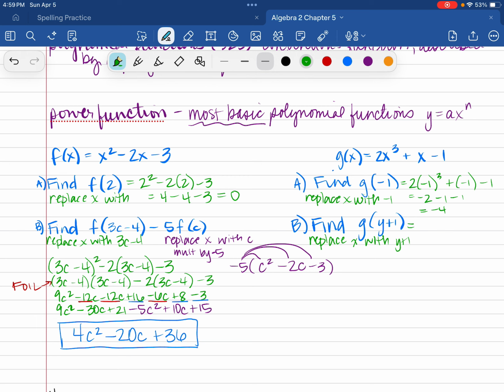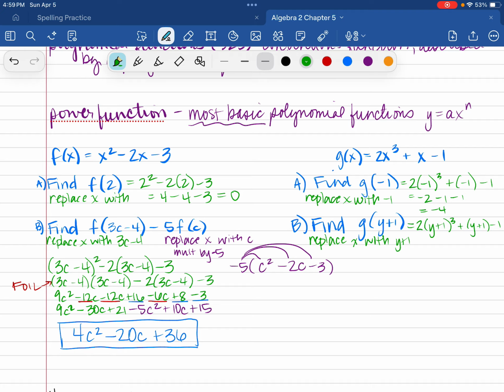So up here, instead of x cubed, we're going to have y plus 1 cubed. Make sure you're putting that in parentheses, plus y plus 1 minus 1. In that one, the y plus 1 doesn't necessarily have to be in parentheses. I just think it helps identify that you've plugged everything into the appropriate spots, and it keeps it in the same basic structure as the original function.